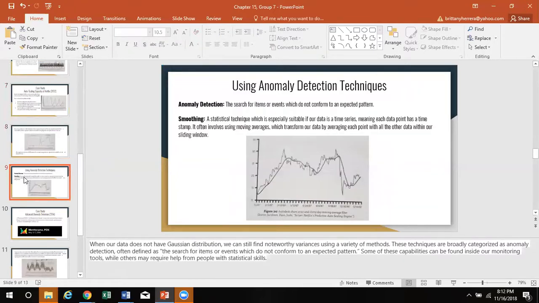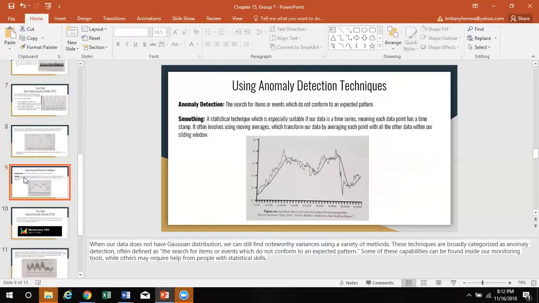Then we have using anomaly detection techniques. Anomaly detection is the search for items or events which do not conform to an expected pattern. Smoothing is a statistical technique which is especially suitable if our data is a time series, meaning each data point has a timestamp.